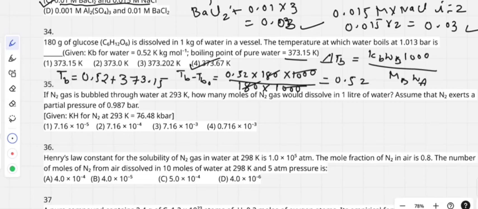Here Kh for nitrogen is given. In this case, first you have to calculate the mole fraction of nitrogen, which is equal to the partial vapor pressure of nitrogen divided by Henry's constant Kh.